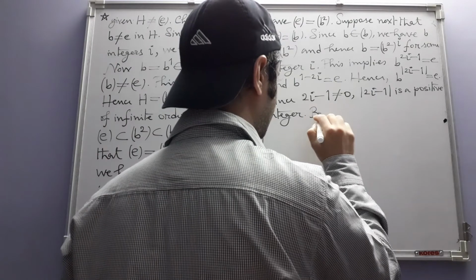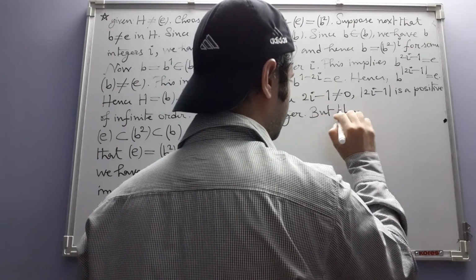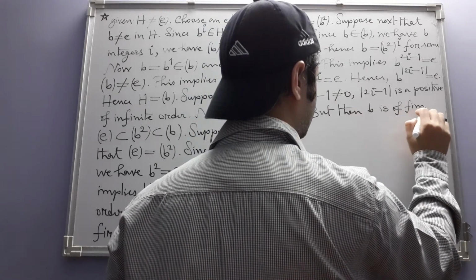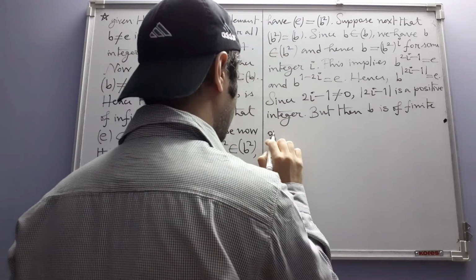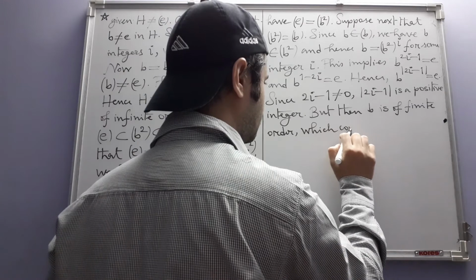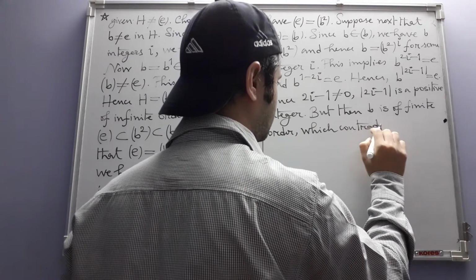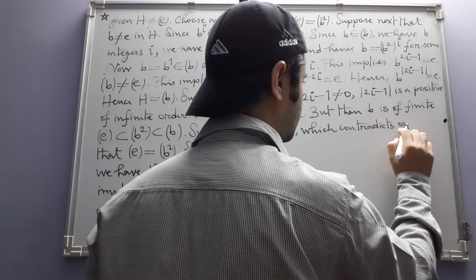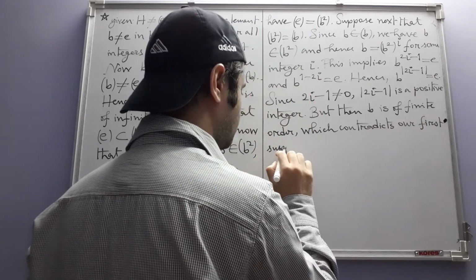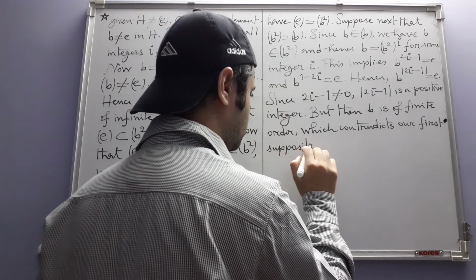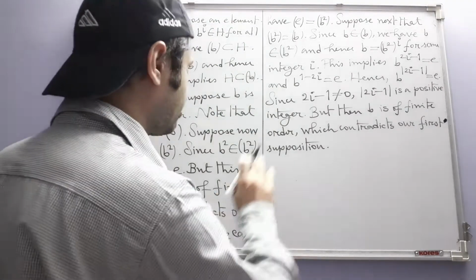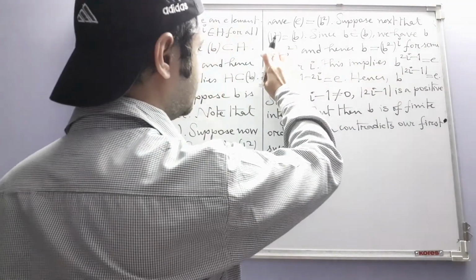But then B is of finite order, which contradicts our first supposition. So we cannot have this one either. Where is it? This one.